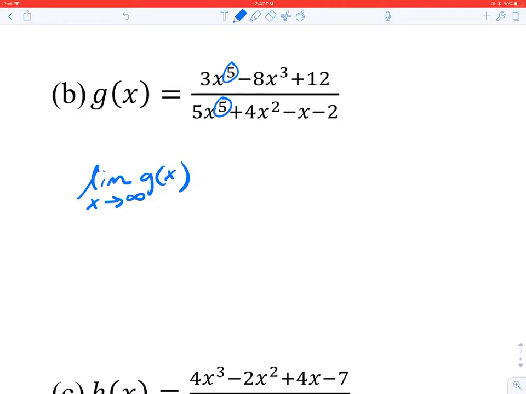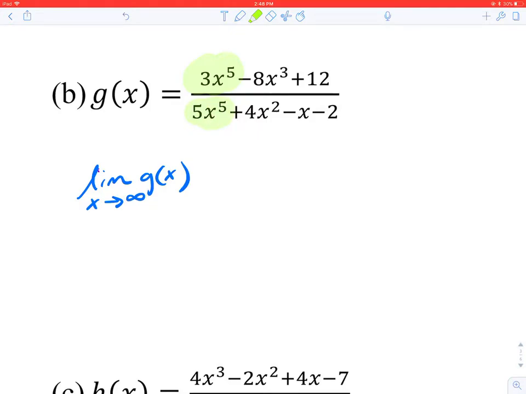We can think about the terms in the numerator as being like a tug of war with each other, where as x gets infinitely large, the term with the largest exponent is going to win the tug of war, making negative 8x cubed and the plus 12 really insignificant whenever you have ginormous numbers being raised to the 5th power multiplied by 3. And then same thing with the denominator.